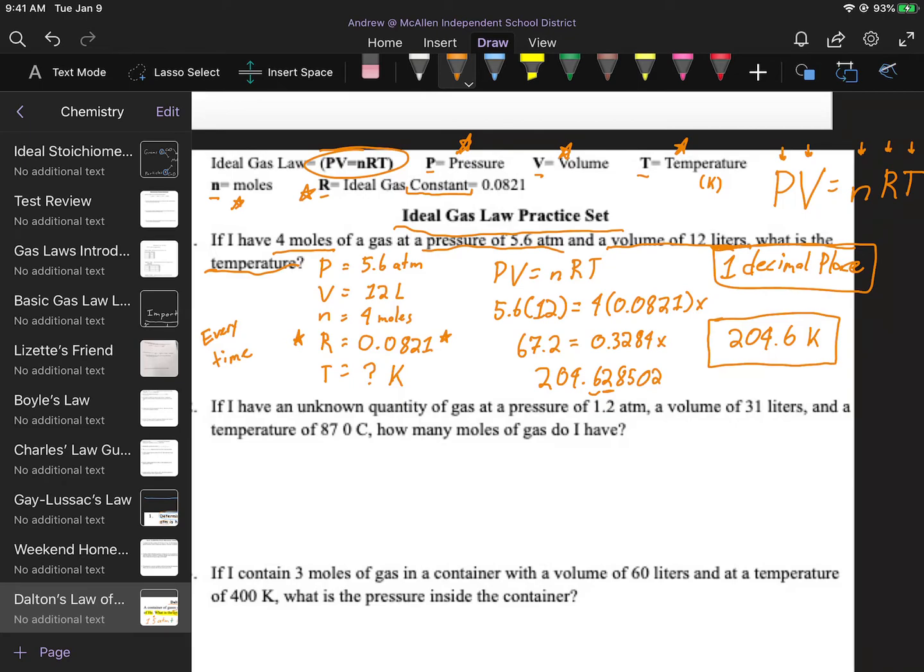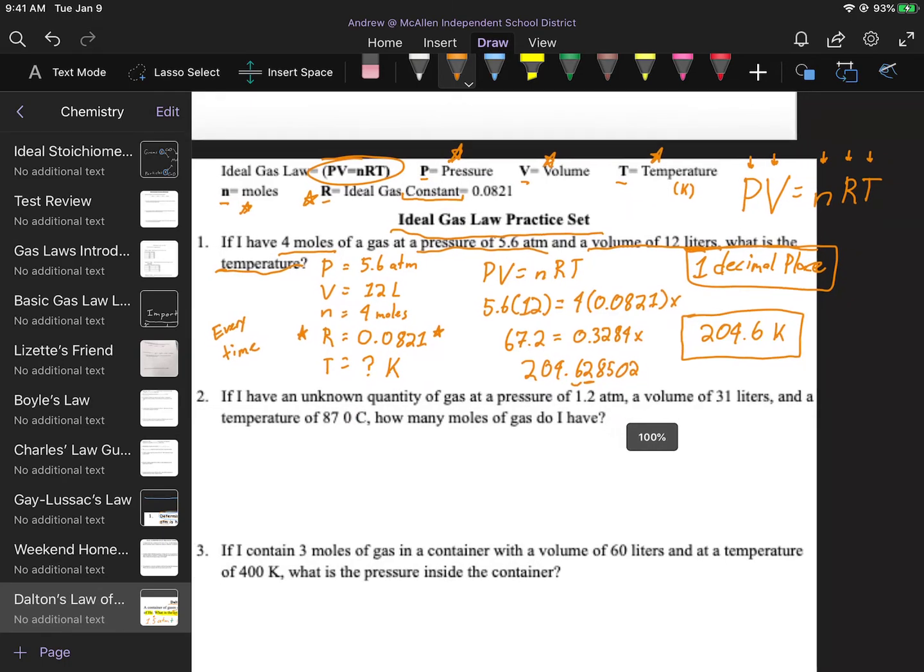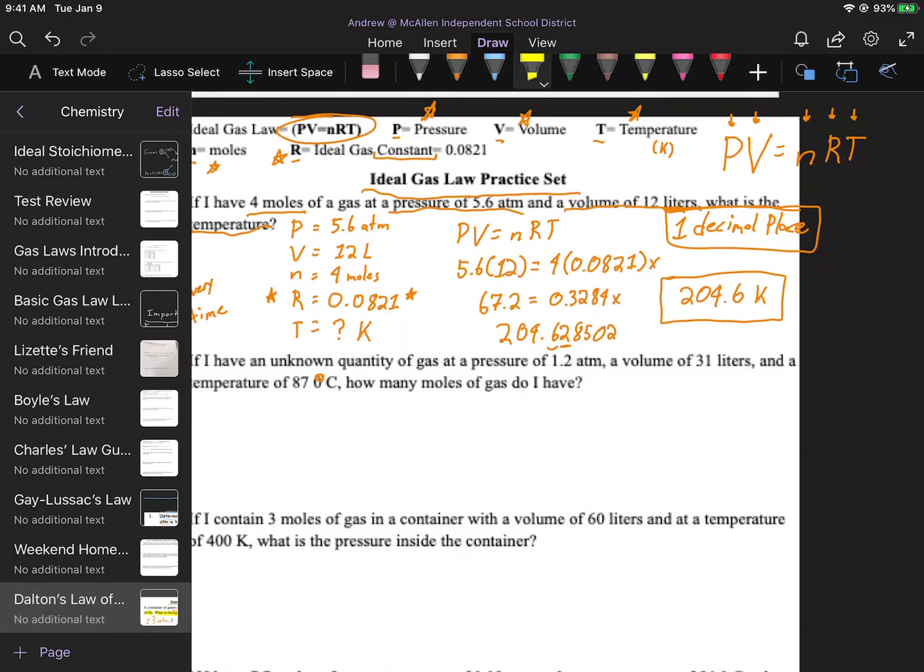Okay, next. This is supposed to be a degree sign, not a 0. So that's my bad. If I have an unknown quantity of a gas at a pressure of 1.2 atmospheres, a volume of 31 liters, and a temperature of 87 degrees Celsius, how many moles of gas do I have?